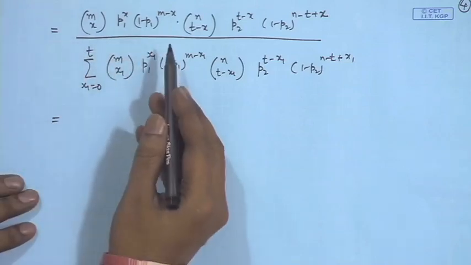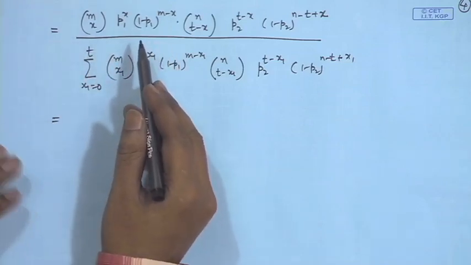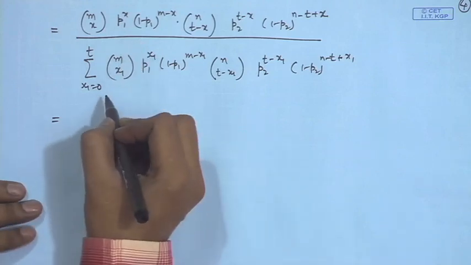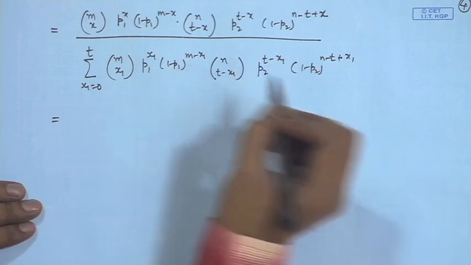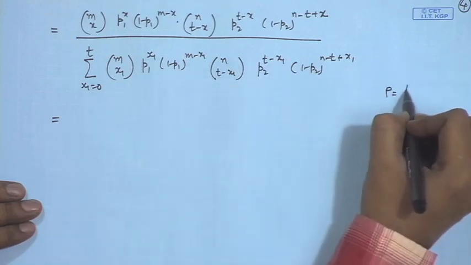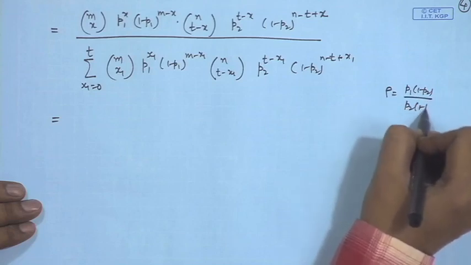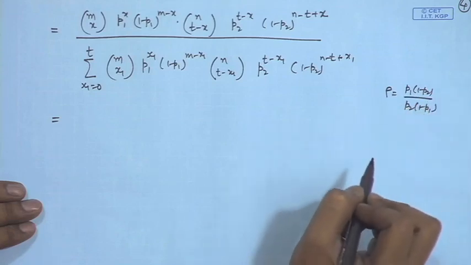Now, here certain terms will get cancelled out and we can write it in a slightly simplified form. So, we can use the notation that rho is p1 into (1 minus p2) divided by p2 into (1 minus p1).